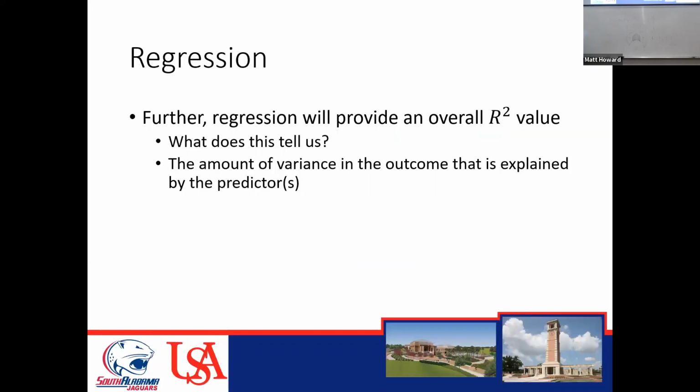Okay. Also, another thing to note is that regression will not only give you your beta naught and your beta 1, but it'll give you something separate, which is your r squared. Your r squared value tells you how much variance in your outcome is explained by your predictors.